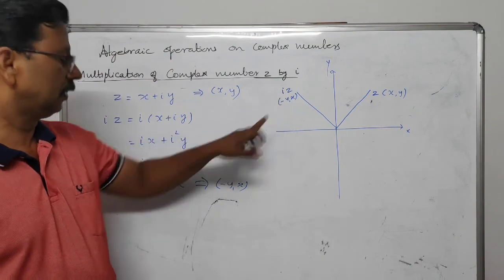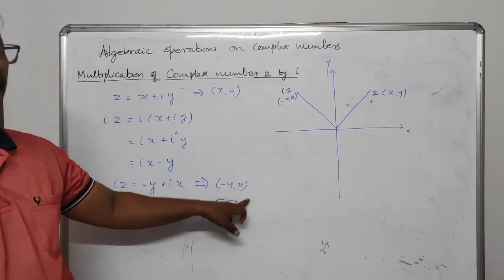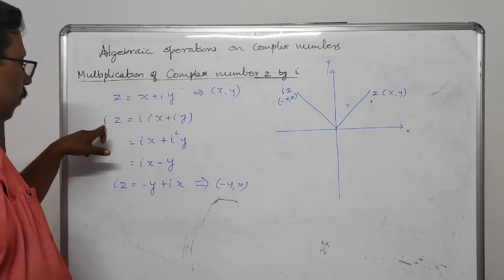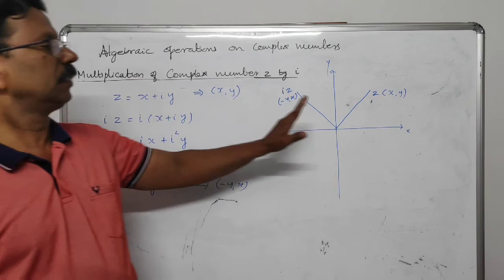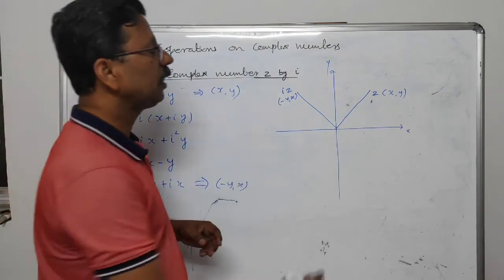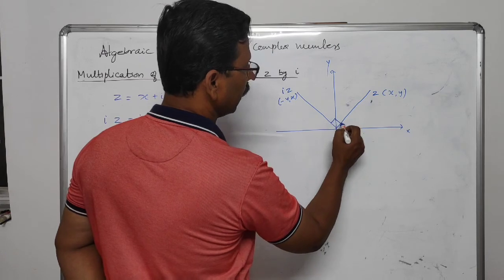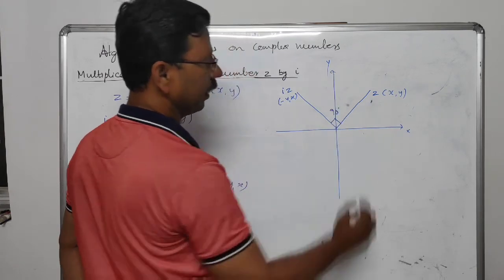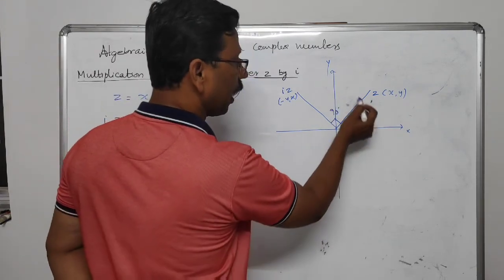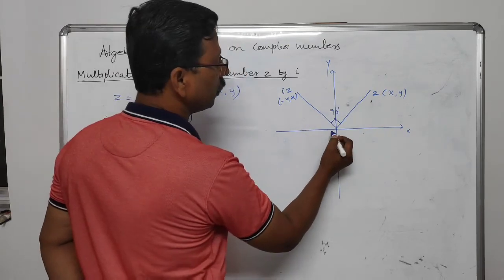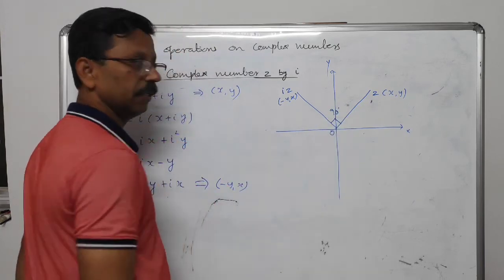The coordinates of iz will be (minus y, x). Therefore, whenever you multiply a complex number by the imaginary i, this is nothing but rotation of z by 90 degrees or pi by 2 radians in the anticlockwise direction, that is the counterclockwise direction, about the origin.